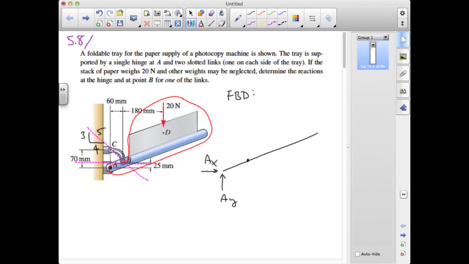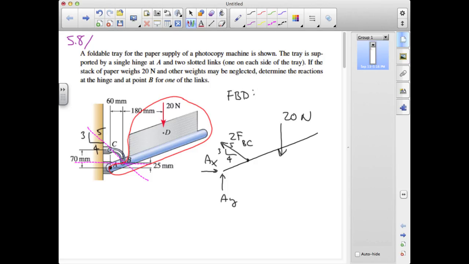And so what I'm going to do is represent this as 2 FBC. So the 2 is there because I have two links on either side of the tray. And again, given the geometry, this is a 3, 4, 5 triangle. And then I have the weight at 20 newtons out here. So that's my free body diagram.